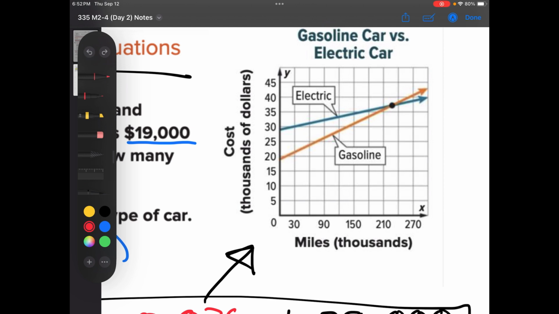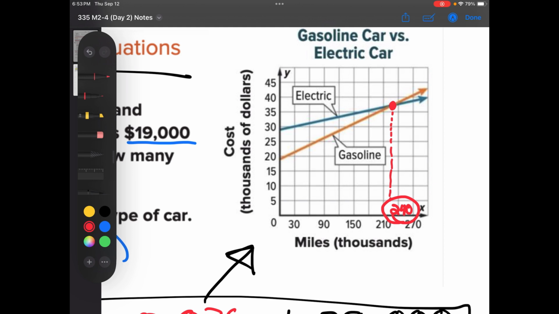Now, as that gasoline car makes it all the way over here, it looks like in between 210 and 270,000 miles, so about 240,000 miles, the cost of the gasoline car is going to surpass the cost of the electric car. So I have identified the point there, or very close to it.